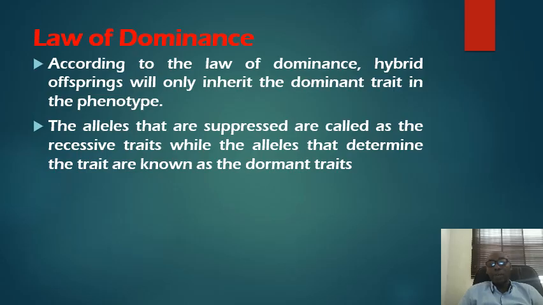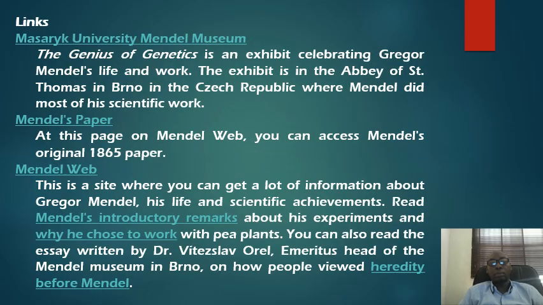The alleles that are suppressed in that first generation are called recessive traits, while the alleles that determine the traits are known as the dominant traits. Now there are some links here for further study on your own to find out about Gregor Mendel, Mendel's papers. You can go to that link and read more about Gregor Mendel's experiments.